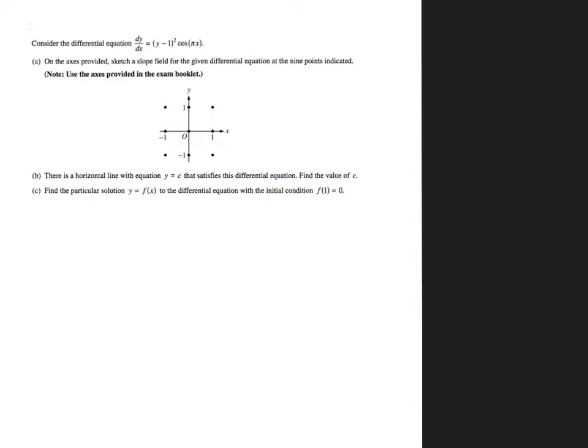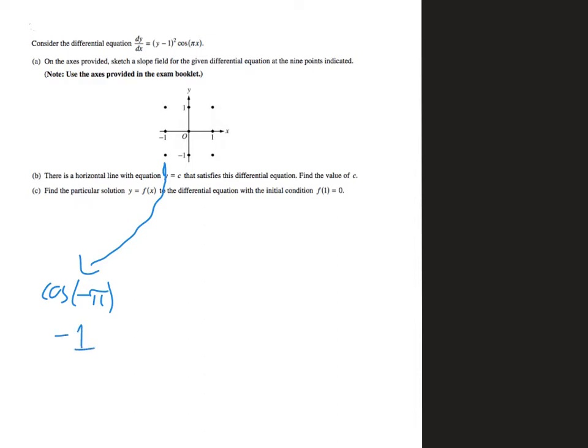So I'm going to try to organize this a little bit here. When the x's are -1, oops, switch to my pen, not my laser tool there. When the x's are -1, we're going to get cosine of -pi. Well, cosine of -pi is just -1.